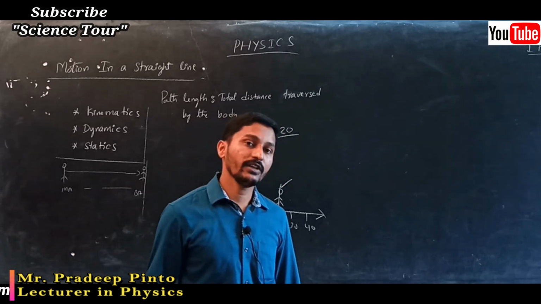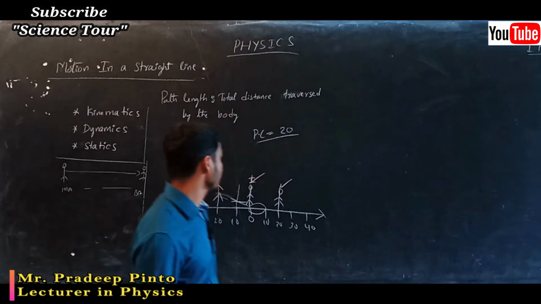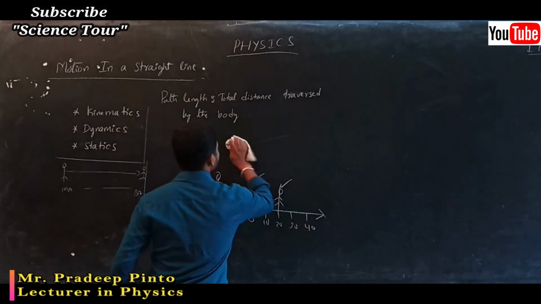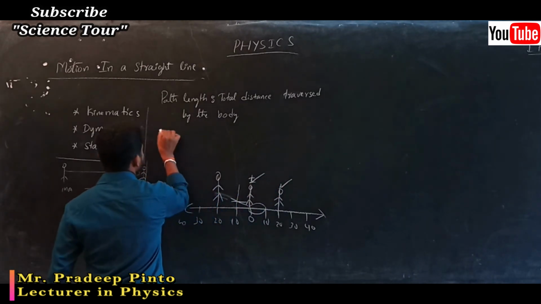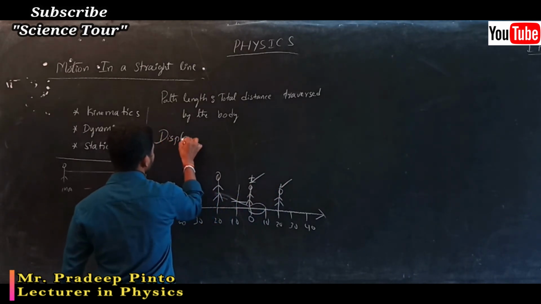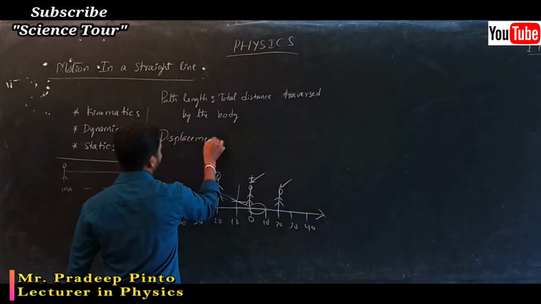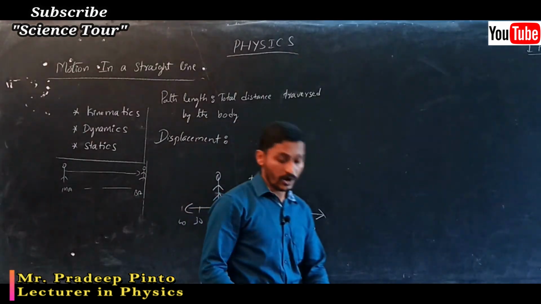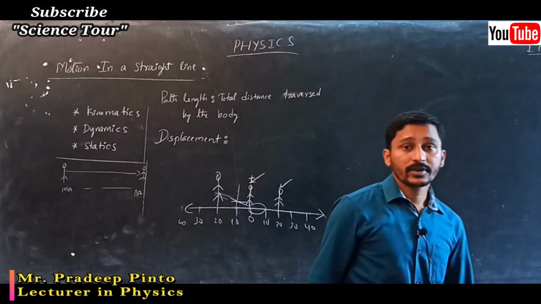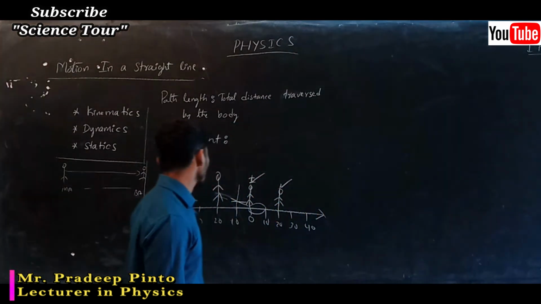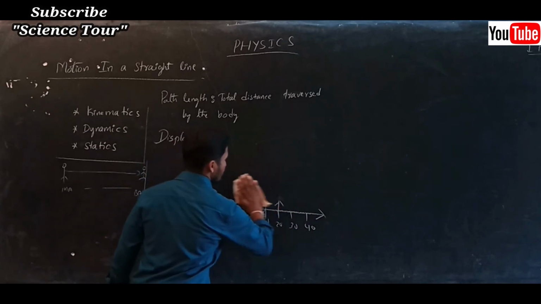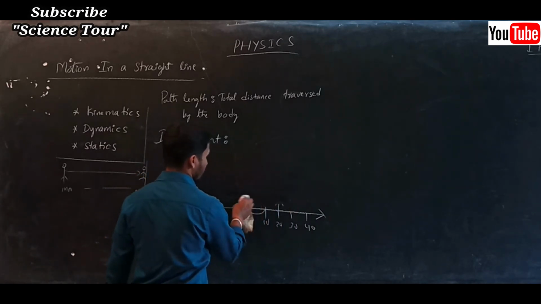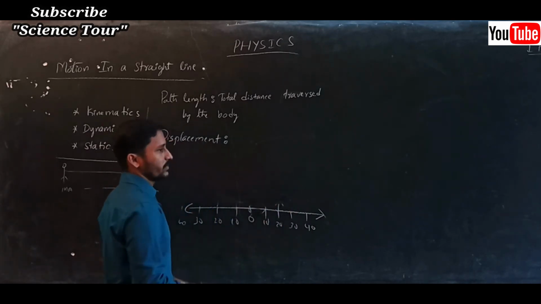That's why we bring a new term called displacement. Now you will understand why we brought displacement, because path length was not helping us find out the exact position of the object. Now what do we mean by displacement?